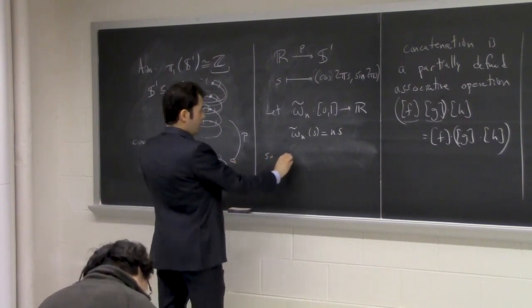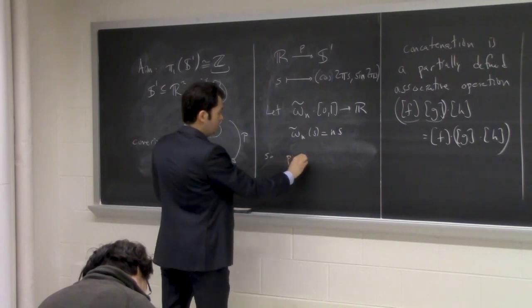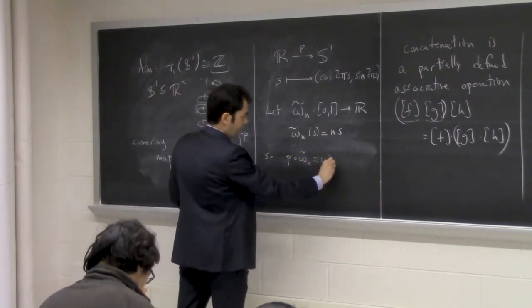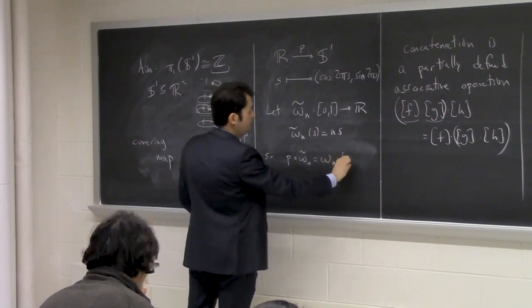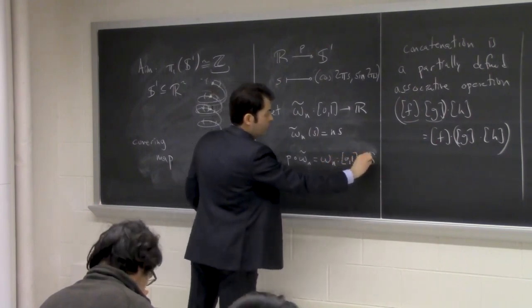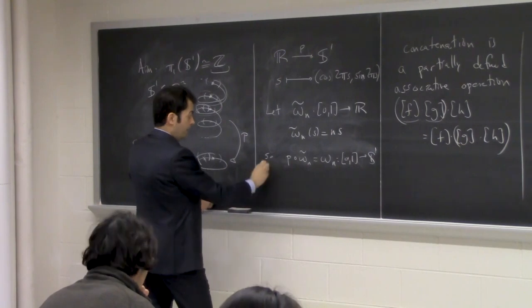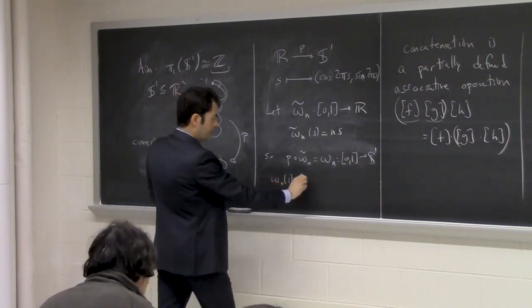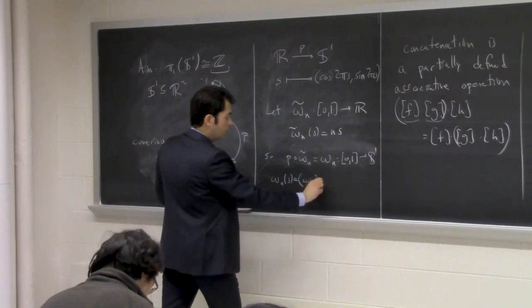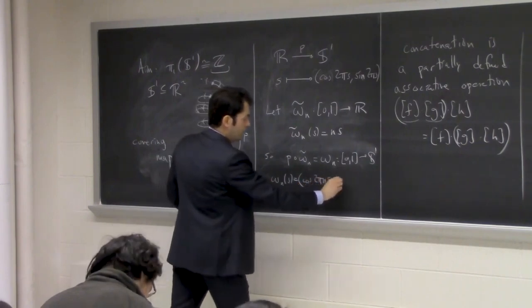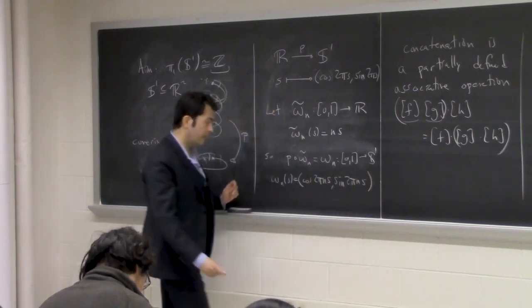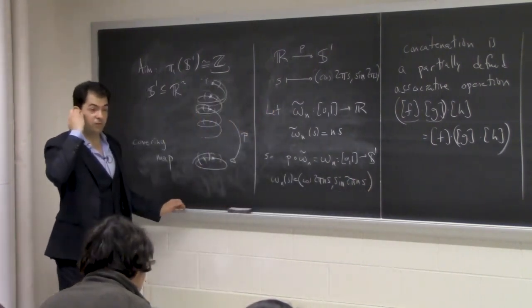And so if you do the composition of these two, which we're going to call omega n, you get a path in the circle, and we can write down a formula for it. It's just go around the circle n times at constant speed.